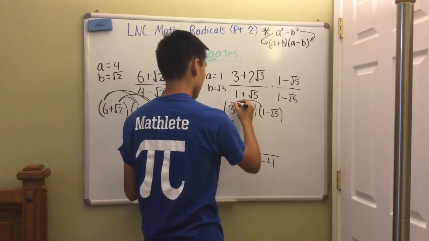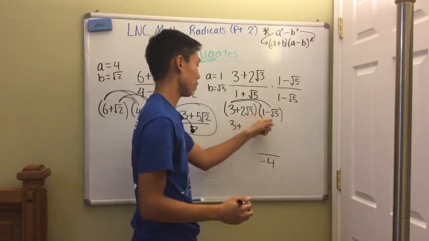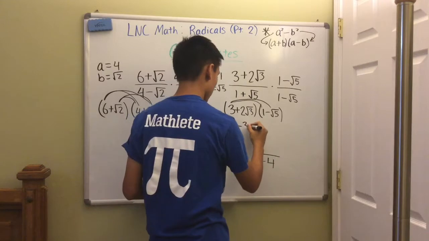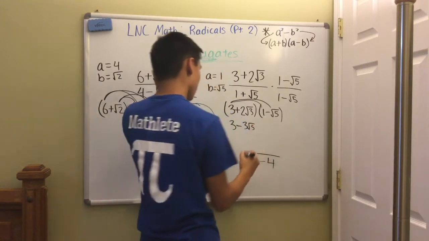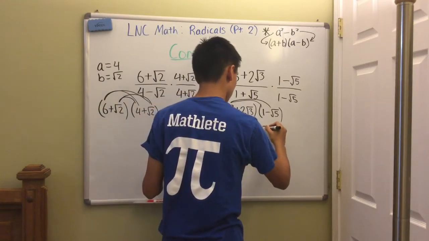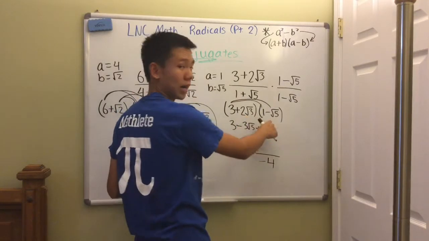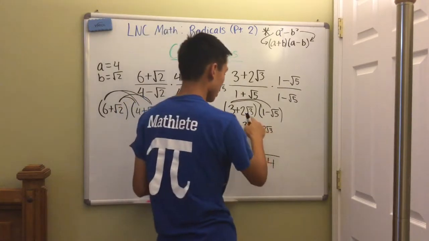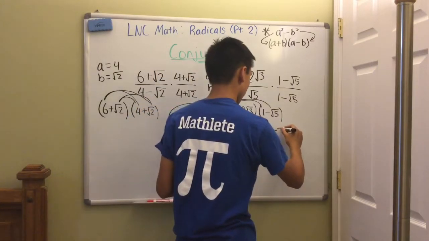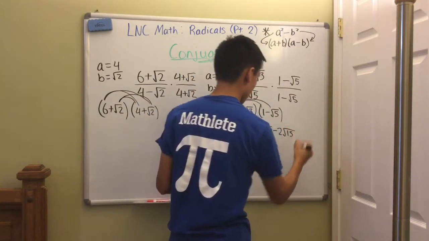It's 3. 3 times negative root 5 would become negative 3 root 5. 2 root 3 times 1 is positive 2 root 3. And 2 root 3 times negative root 5 would be, since there are two numbers inside the radicals, we multiply them, negative 2 root 15, because 3 times 5 is 15.